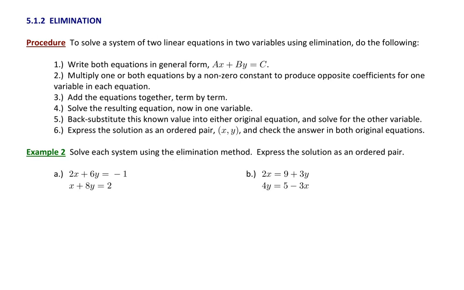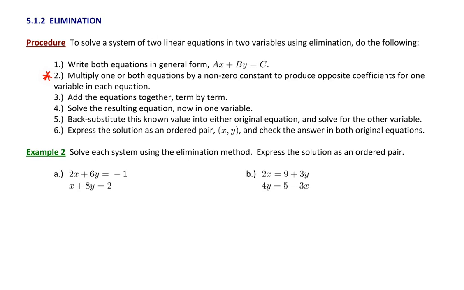To solve a system of two linear equations in two variables using elimination, do the following. Number one, write both equations in general form, ax plus by equals c. Then number two, here's where sometimes you have to apply a little bit of thought and strategy. Multiply one or both equations by a non-zero constant to produce opposite coefficients.